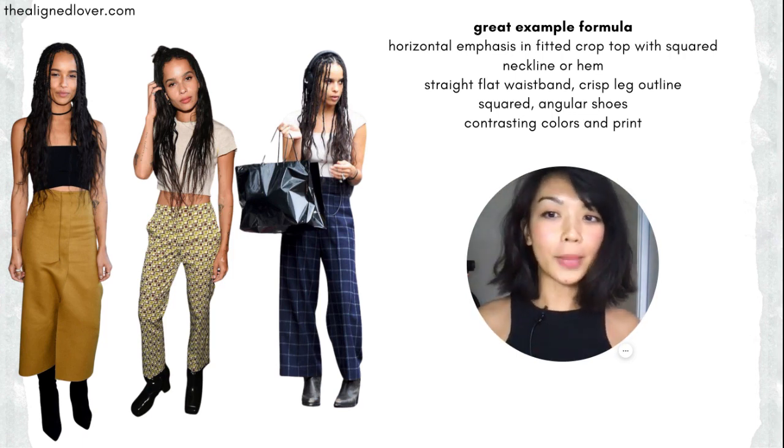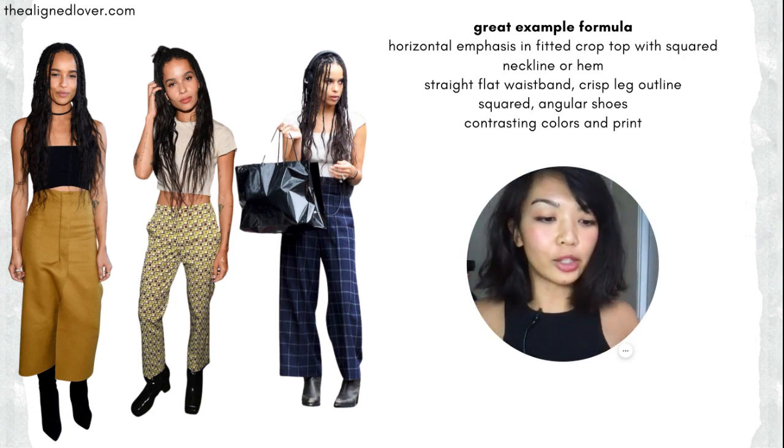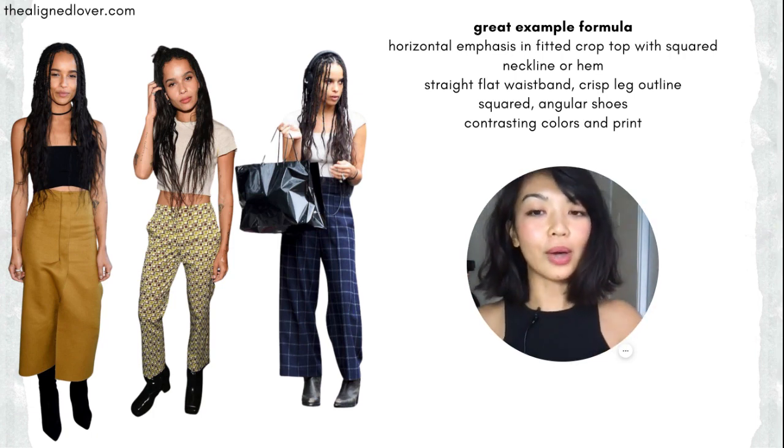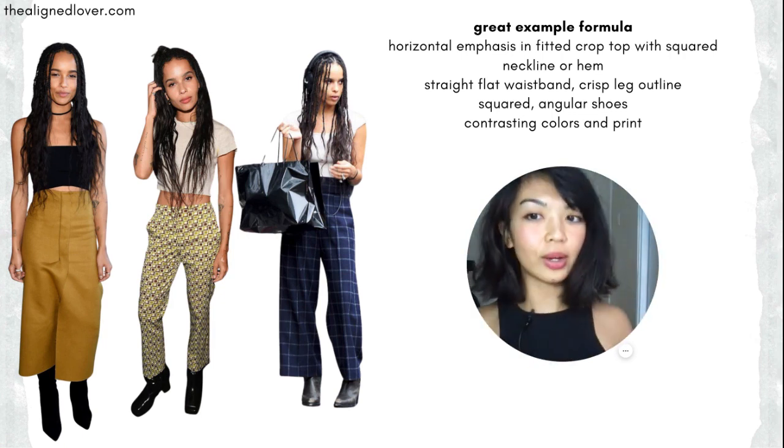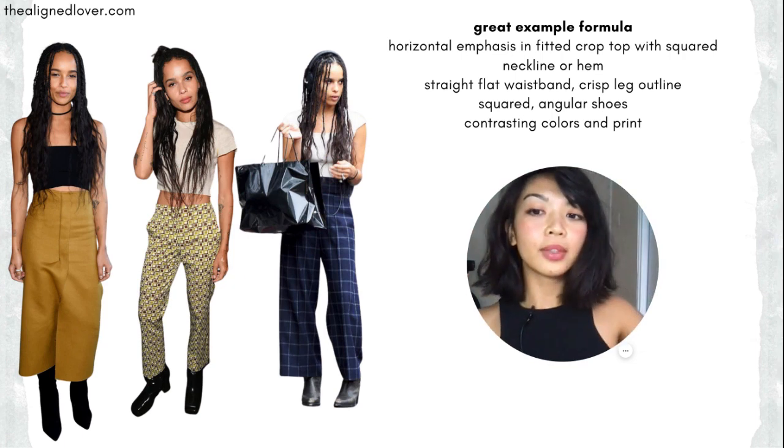No matter how muscular or lean you are, it's really hard to find someone with actual rectangular limbs. So having this kind of exaggerated pant shape is very, very flattering.